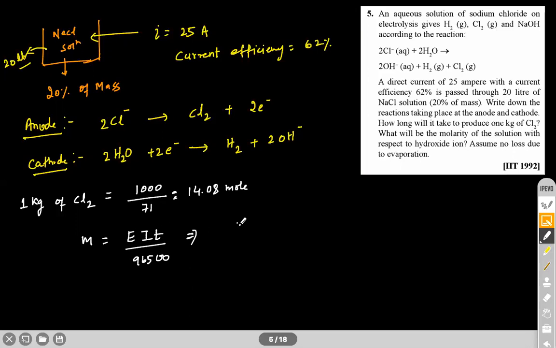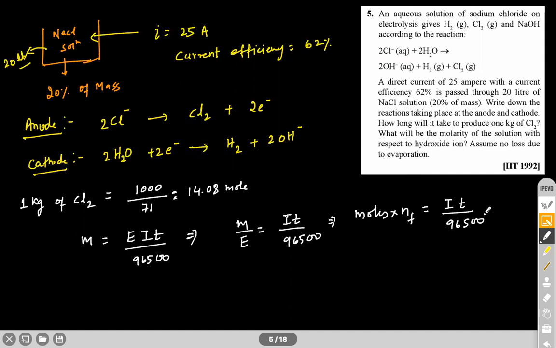M by E, the number of equivalents, is IT by 96500. So we can write number of moles into n factor is equal to IT by 96500.